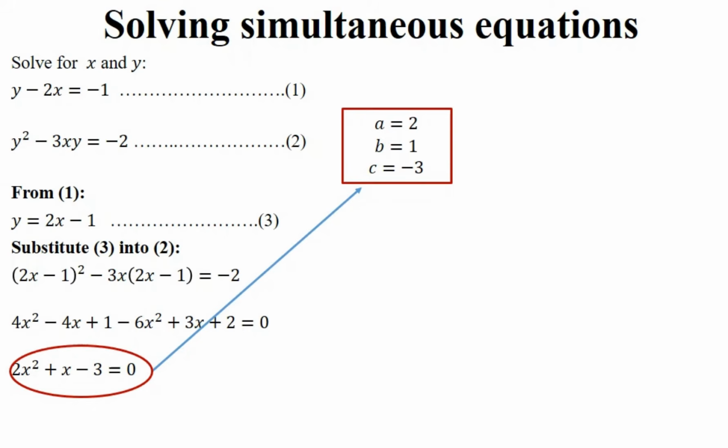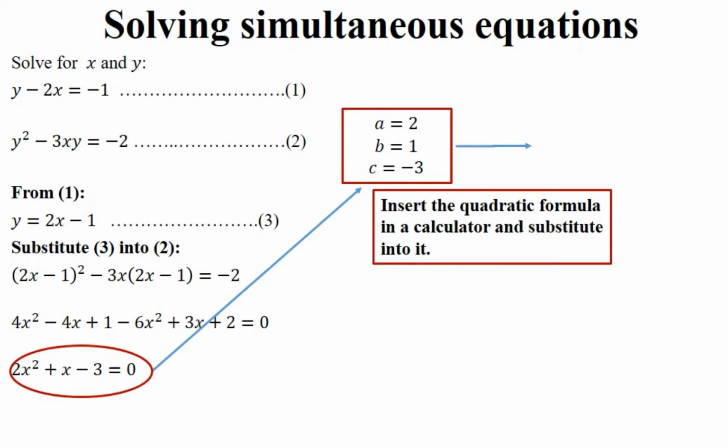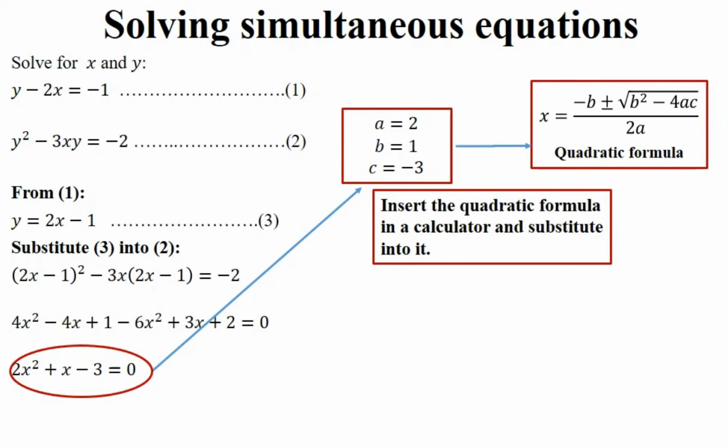If we can read the values of a, b, and c, we don't stress ourselves to think about the factors of a quadratic equation. We always recommend that learners please insert the quadratic formula in a calculator, and then substitute the values of a, b, and c. There is your quadratic formula.